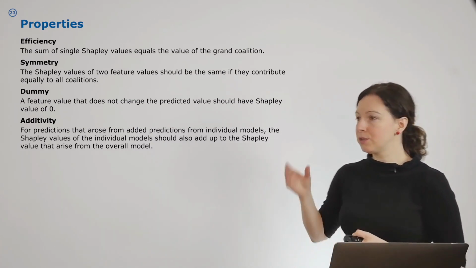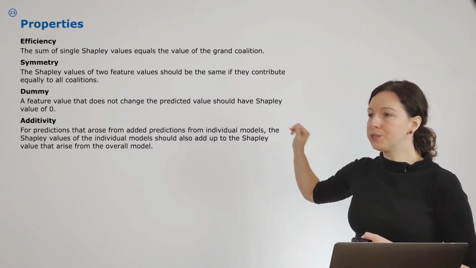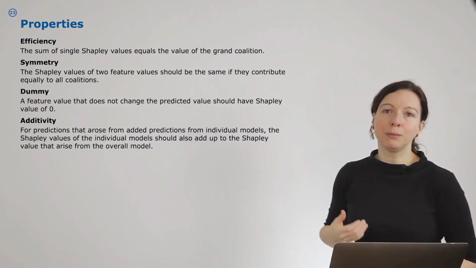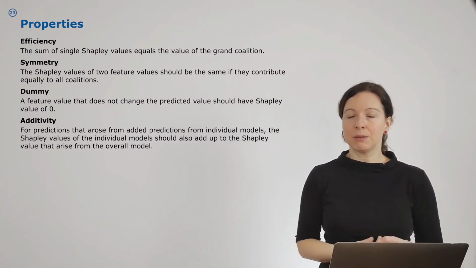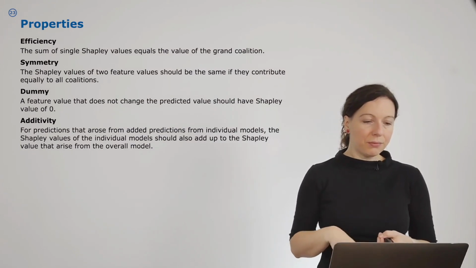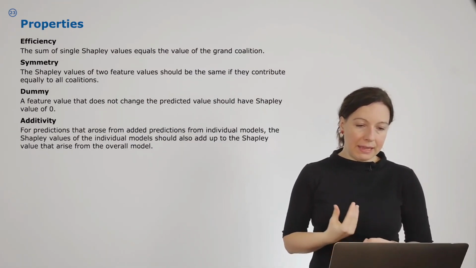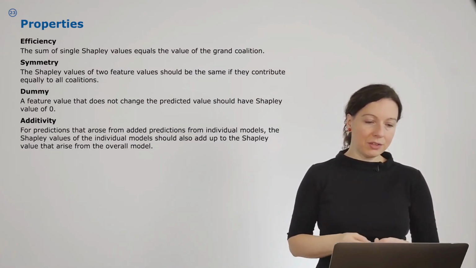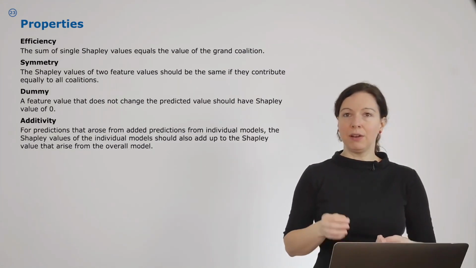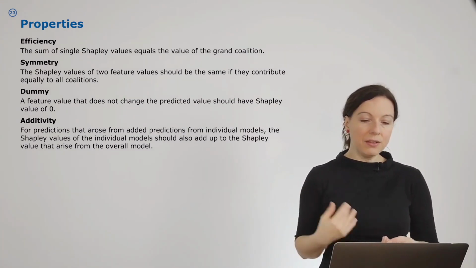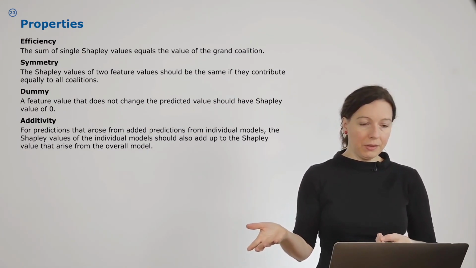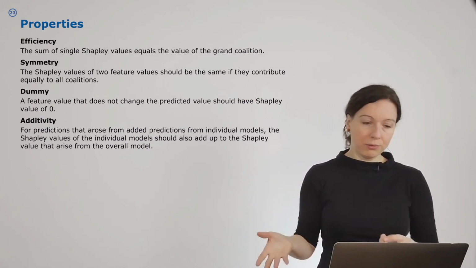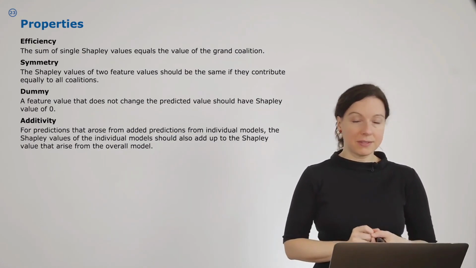And I want to mention 4 which are demanded when we talk about interpretation tools. So the first one is efficiency. It means the sum of single Shapley values equals the value of the grand coalition, and the value of the grand coalition is the actual prediction. So this is fulfilled.